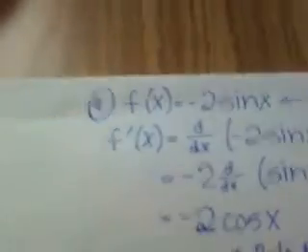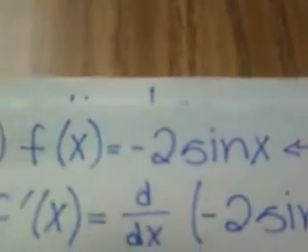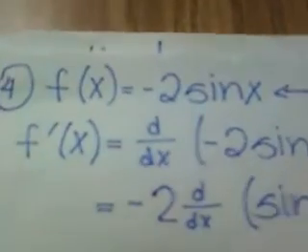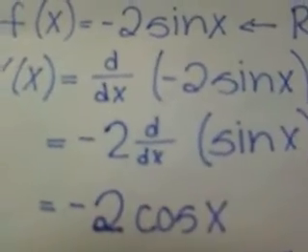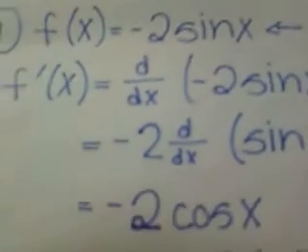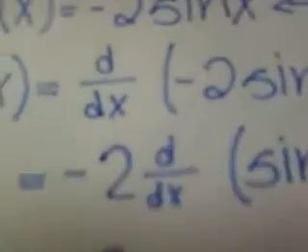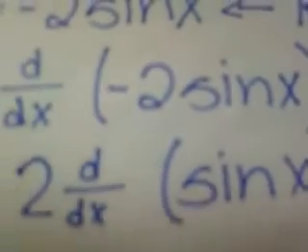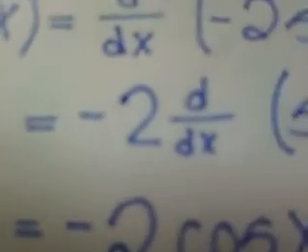Number 4. Number 4 is f(x) equals negative 2 sine x. We are going to use rule number 7 here, which would be d over dx of (negative 2 sine x), the original function, remember? This is how we do it. Very simple. We move the first number, the number before sine x, negative 2, before d over dx.